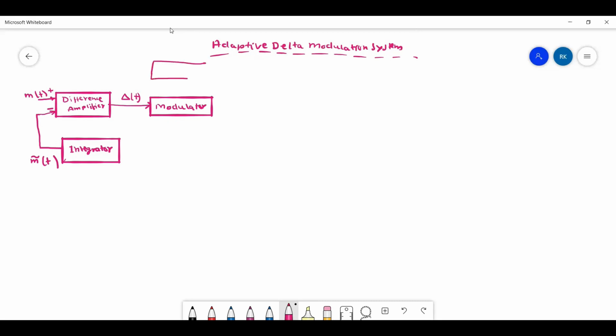This modulator is run by a pulse generator, and the output of this modulator, let's call it P0(t), which is a time varying signal, is sent on the communication channel.